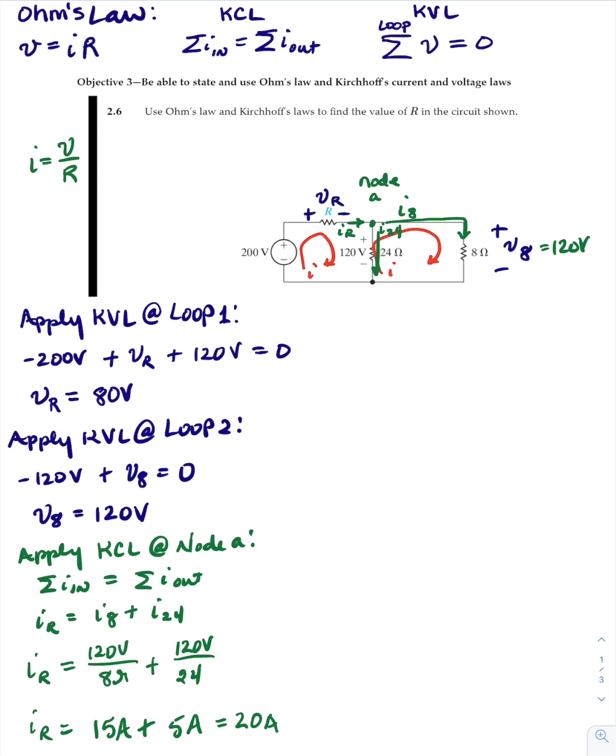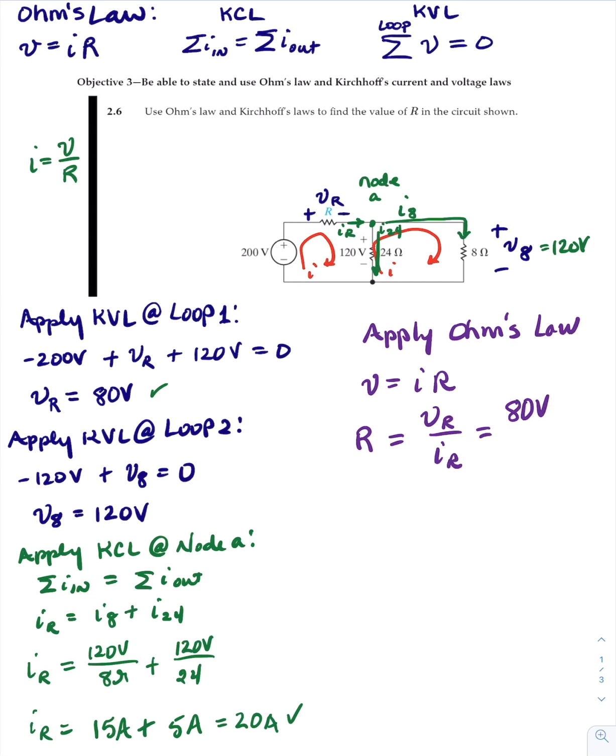So let's see. We know V sub R and we know I sub R. So let's use another color here and let's apply Ohm's law. So voltage is equal to IR, and we're looking for R, which is equal to V sub R over I sub R. And we found V sub R to be 80 volts, and I sub R is 20 amps.